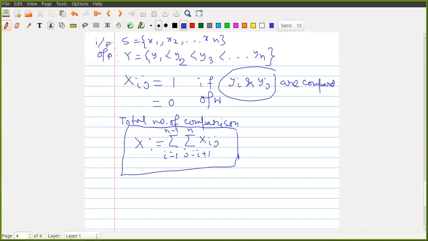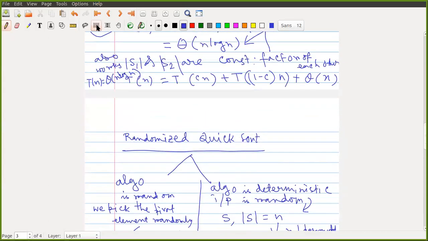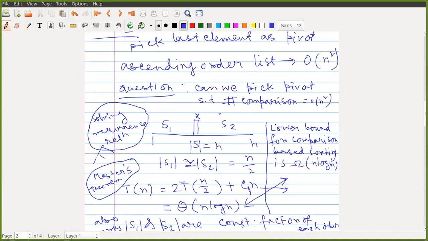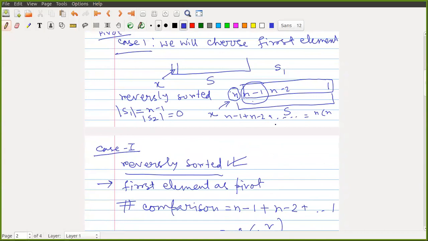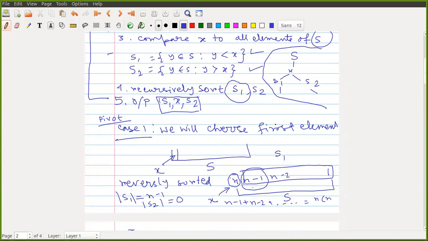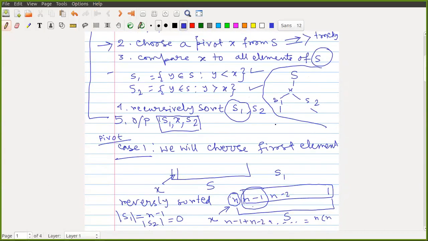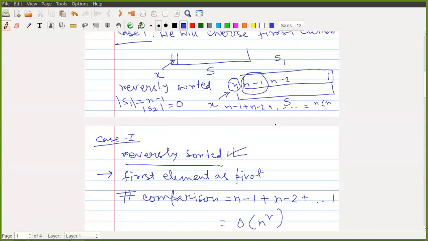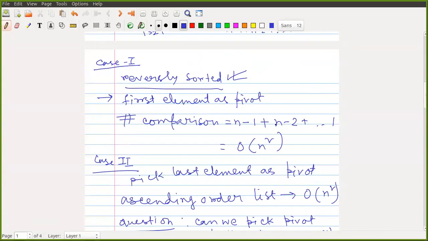Yeah, so basically all this order n squared and order n log n, this is the total number of comparisons, right? How many comparisons are we actually doing? Like the case when we choose the pivot as the first element, or the case when we choose the pivot as the last element.